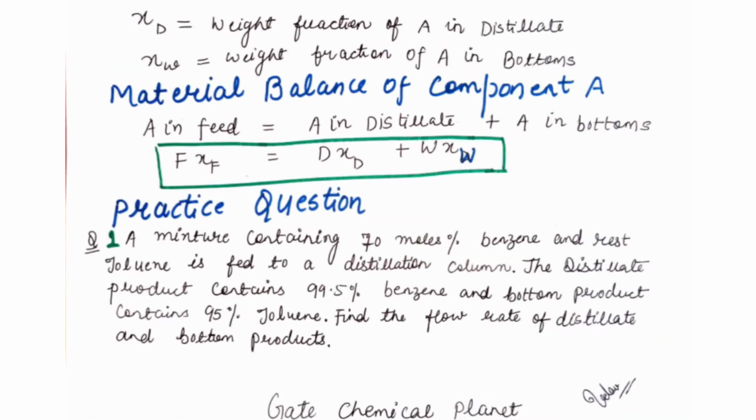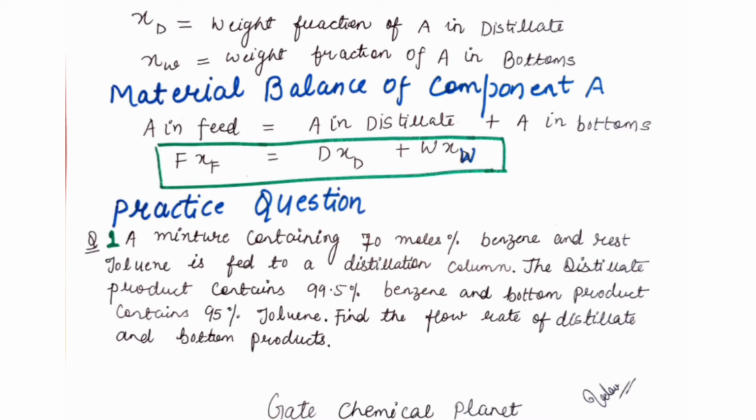Now we come to XD. XD is the weight fraction of A in the distillate. It means XD is the weight fraction of the more volatile component in the distillate. And XW is the weight fraction of A in the bottom, meaning the weight fraction of the more volatile component in the bottom. Now we will apply the material balance of component A, the more volatile component.